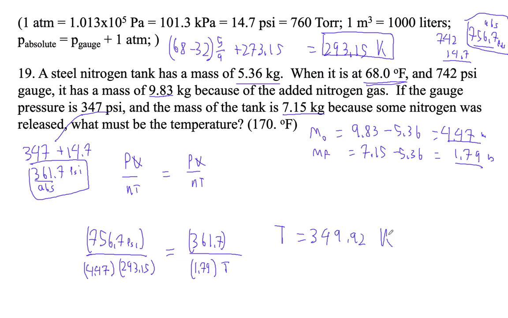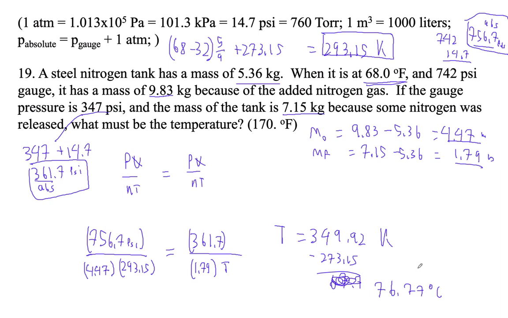Okay, that's kelvins, and then let's turn it into Celsius. So subtract 273.15, which is 76.77 degrees Celsius. But we've got to turn it into Fahrenheit.